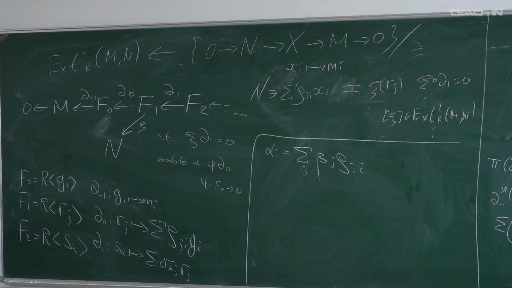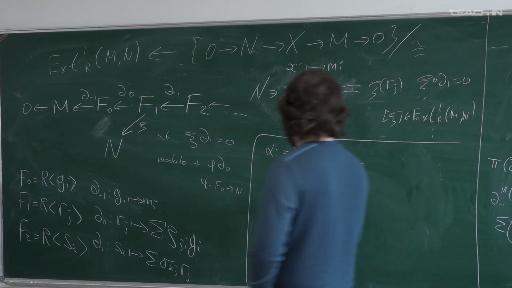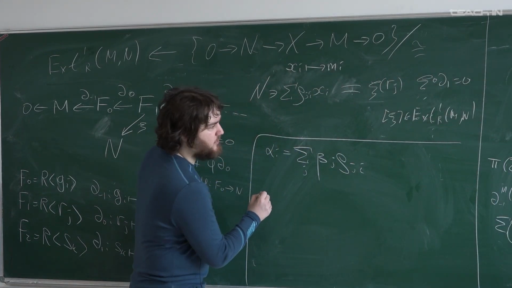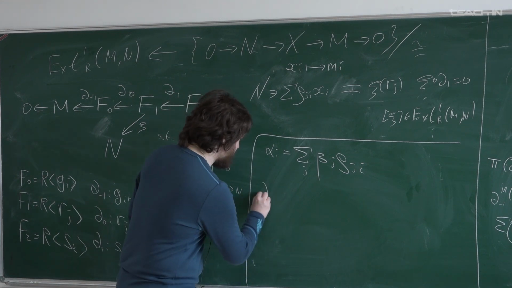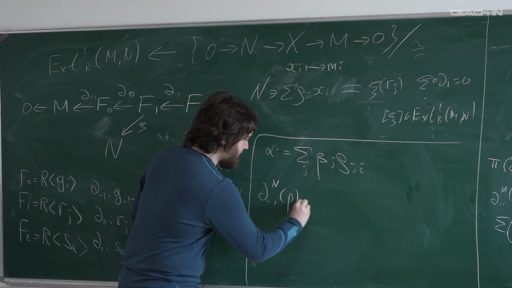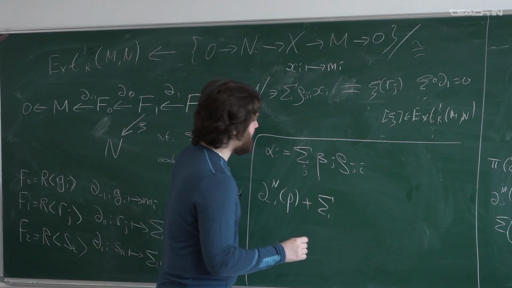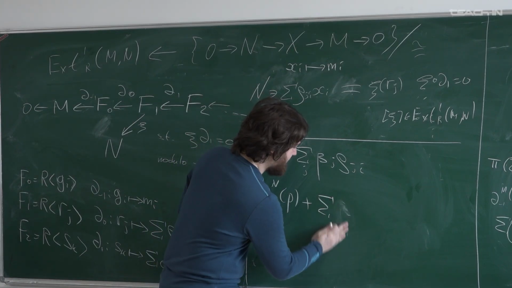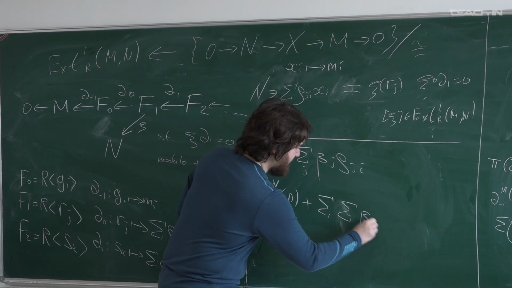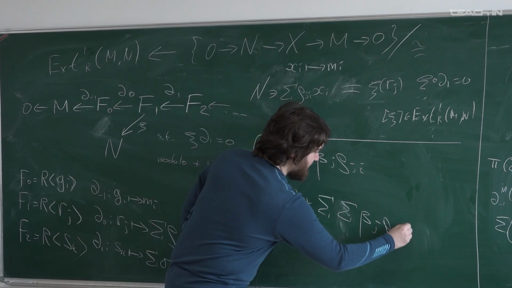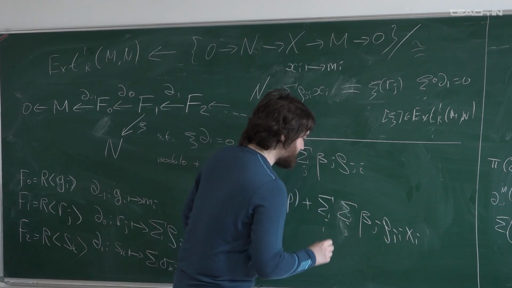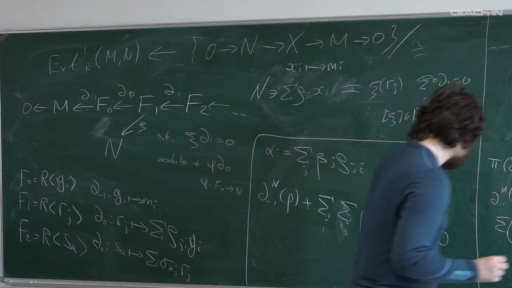This means that, in fact, this element is of the form: again d minus 1 n of p plus here I have some beta g rho gi xi ji. That's 0.